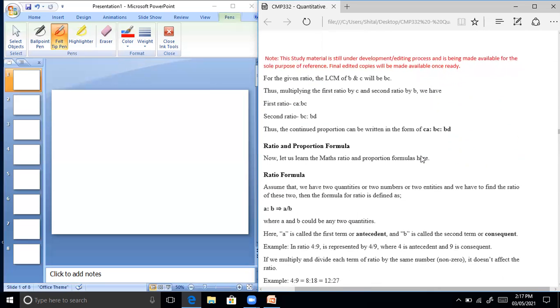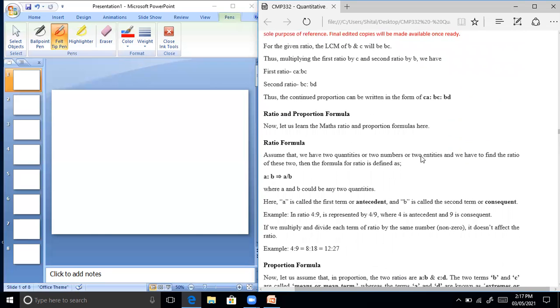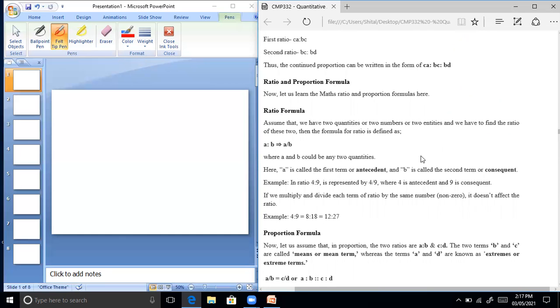For the given ratio, the LCM of B and C will be BC. Thus, multiplying the first ratio by C and the second ratio by B, we have the first ratio as CA to BC, and the second ratio as BC to BD. Thus, the continued proportion can be written in the form CA, BC, and BD.